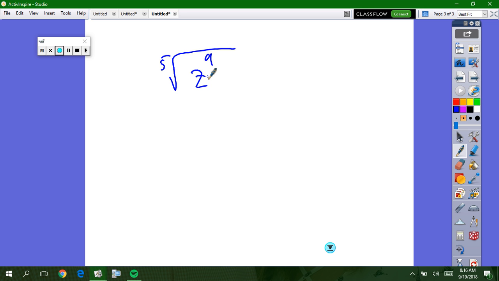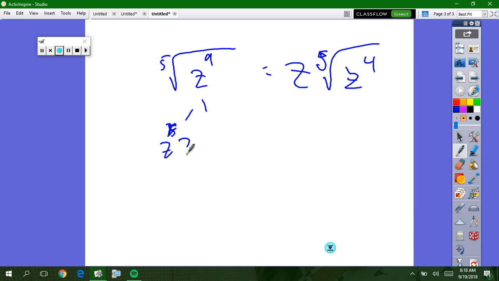Good. So, how many groups of 5 are in 9? 1, right? But how many are left over still in there? 4 of those. Because if I really brought this down, that's, oh my goodness, I'm struggling. z, z, z, z, z, z, z, z, z, right?